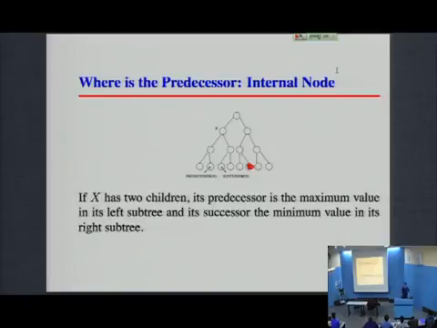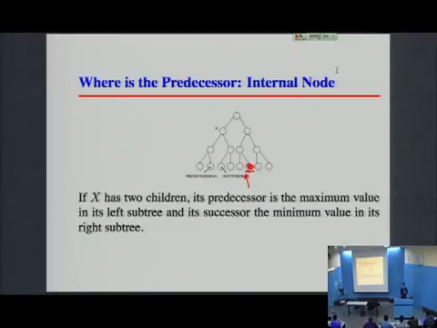If I had a left child, I know where my predecessor is, because it has to be one of my descendants to the left. This node is a leaf. It does not have a left child. Does that mean it doesn't have a predecessor? No, there's going to be somebody before it in alphabetical order. This could be Shapiro. Which one is it?